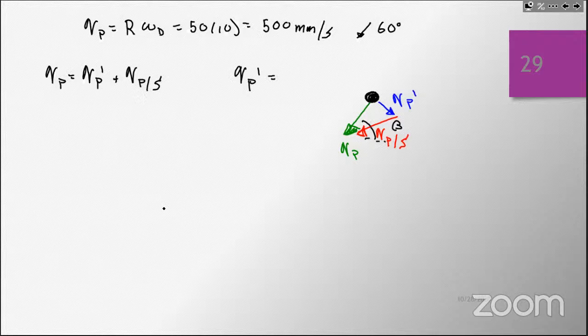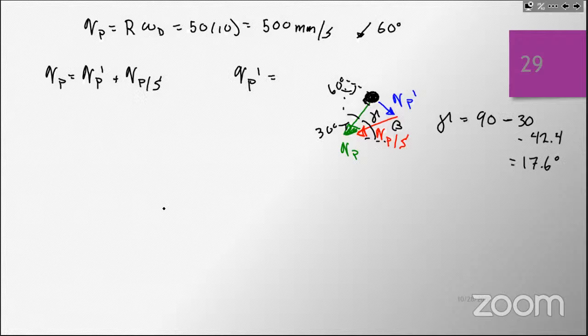I'm going to call the angle in between these gamma. This angle here is 30 degrees, this is 90 over here, and this one is 60. That's where the 60 comes from. Gamma has to equal 90 minus 30 minus 42.4, so this is 17.6 degrees.